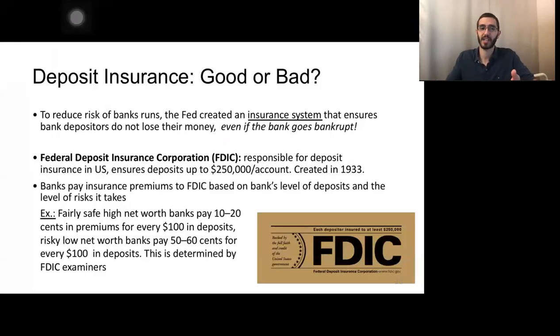So the government came up with the FDIC, the Federal Deposit Insurance Corporation, which allows us to feel a lot safer about our deposits, because up to $250,000 today, based on today's law, they insure your deposits in U.S. commercial banks. This means that if the bank fails and you have up to that amount in your checking account, you would get that money back.